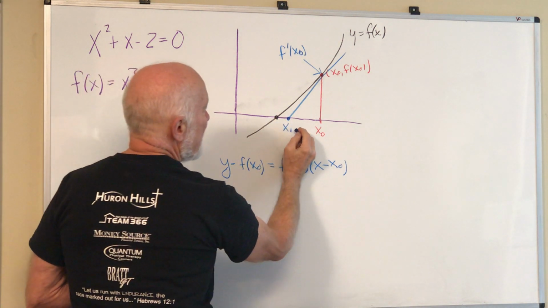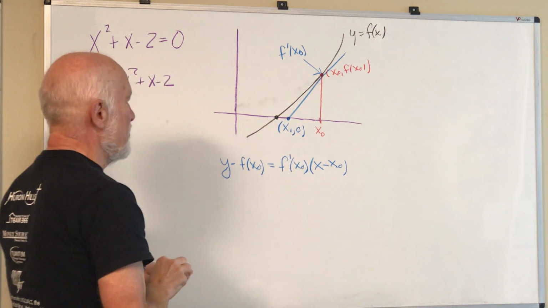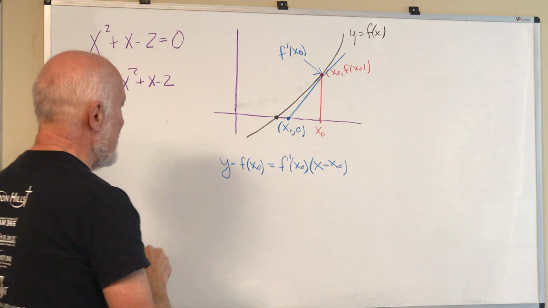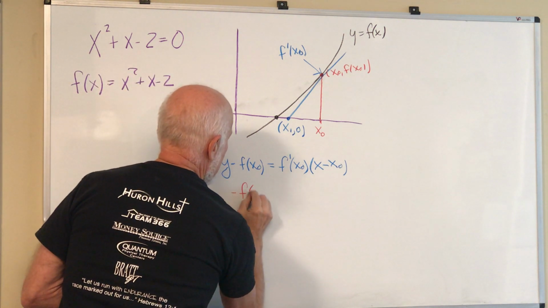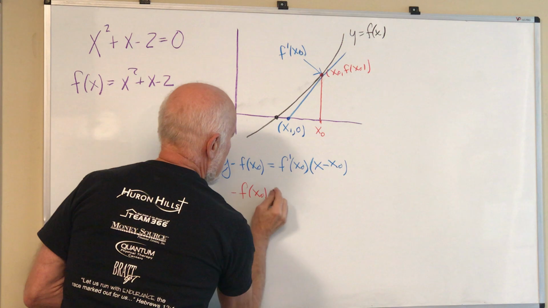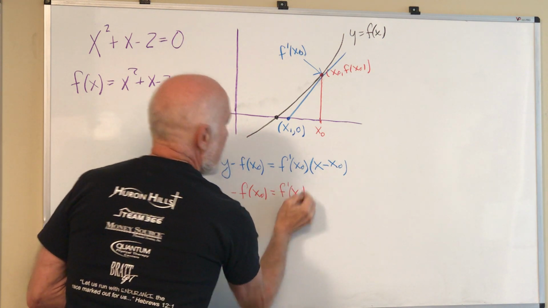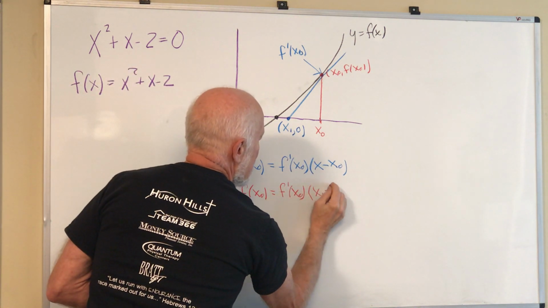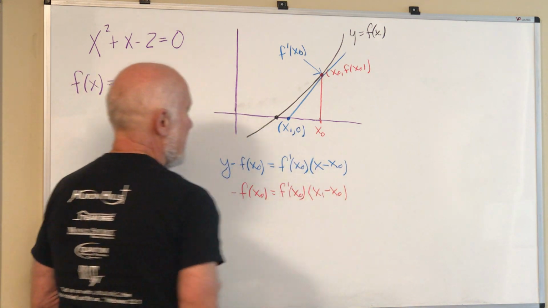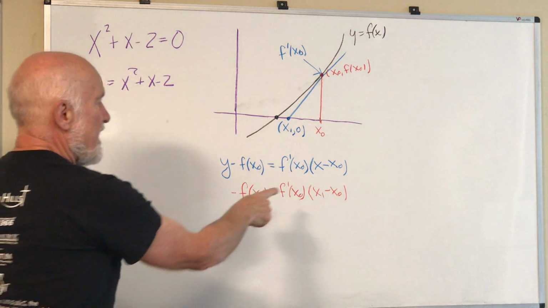And the point was x sub 1 comma 0. So he put 0 in for y, and in for x, he put x sub 1. And then he just did a little bit of algebra to solve for x sub 1.